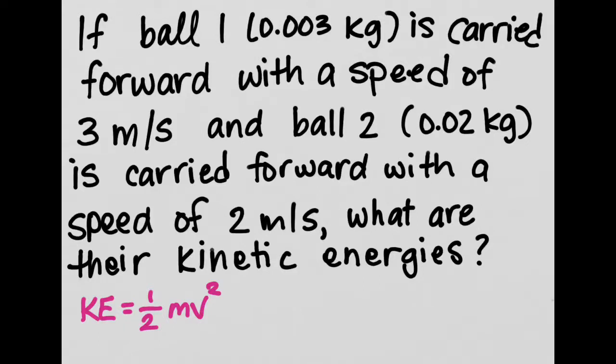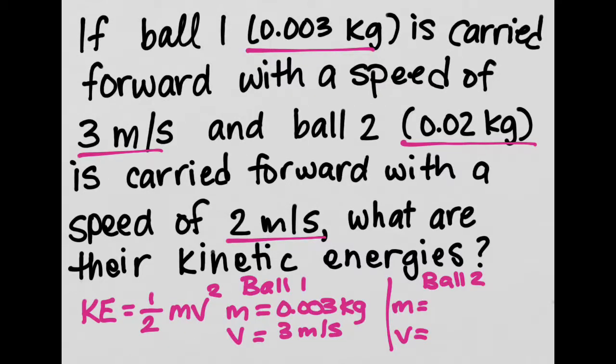So what do I need to know for these? I need to know the mass of ball 1, the mass of ball 2, the velocity of ball 1 and the velocity of ball 2. Let's write them down. We know that the mass of ball 1 is 0.003 kilograms, and the velocity of ball 1 is 3 meters per second.